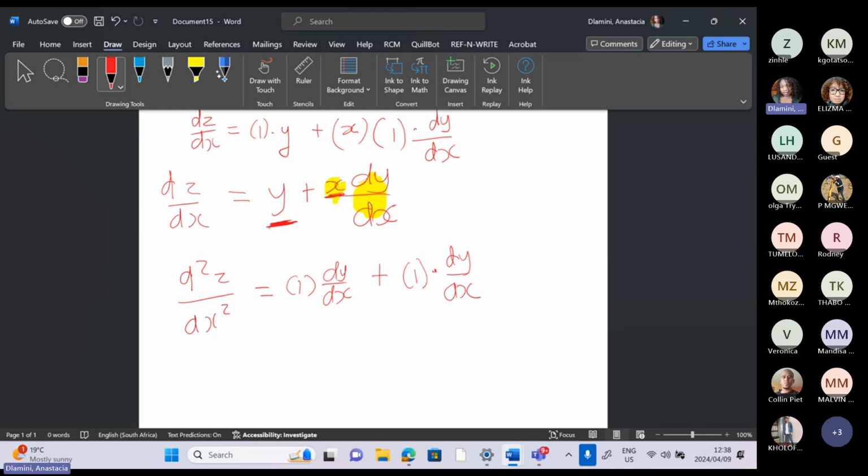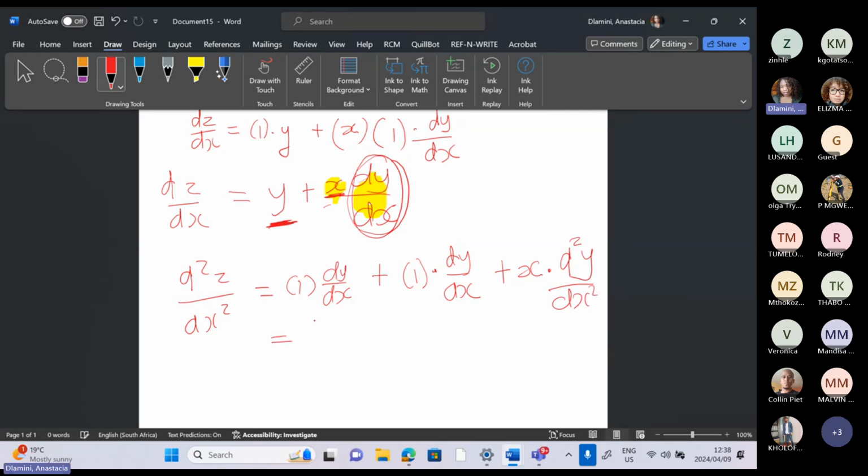Are we together? Plus, leave the first function the way it is, so that is x times the derivative of dy over dx. The second derivative of y would just be represented by this.